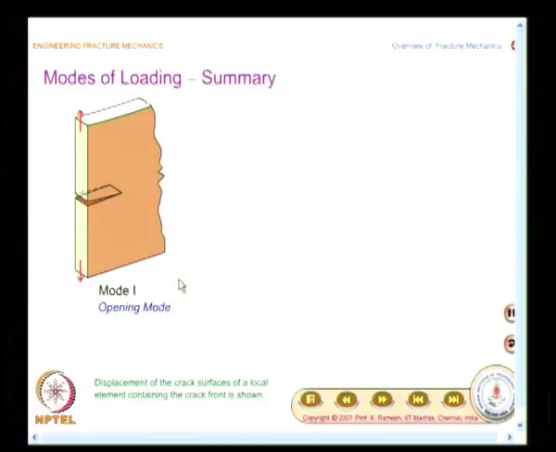In fact, one of your assignments gives a series of common design scenarios where you have a structure with a known type of loading with cracks located in various fashion. You have to find out, because of the external loading, whether the crack experiences mode 1, mode 2 or mode 3 loading from a fracture mechanics point of view. It is not trivial, you will need some kind of training.